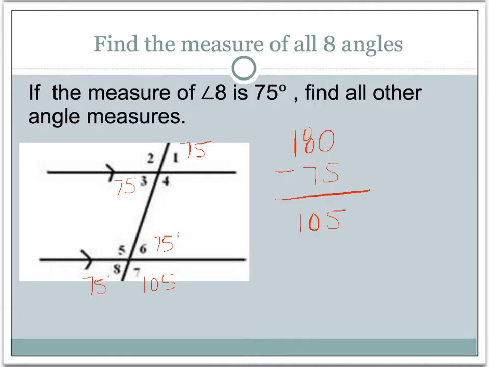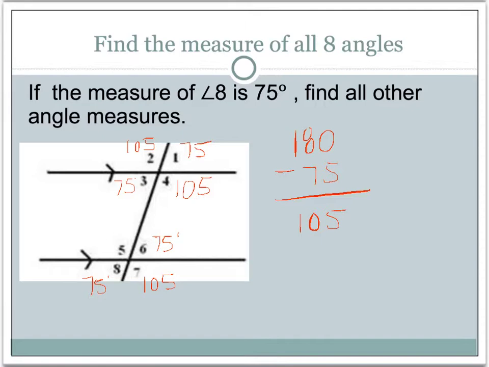Now we could find angle 4 because it's corresponding to angle 7, so it's congruent. It'll also be 105 degrees. We could then say angle 2 is also 105 degrees because it's vertical to angle 4.